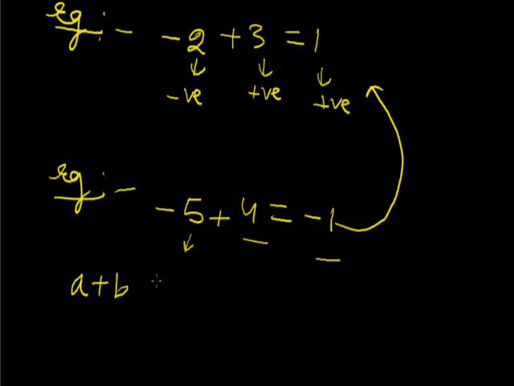Also we can term this property as a plus b always gives you an integer c, when a is an integer, b is an integer and c is also an integer.